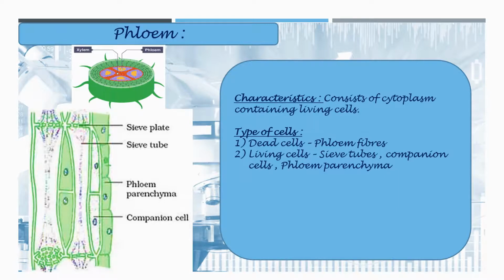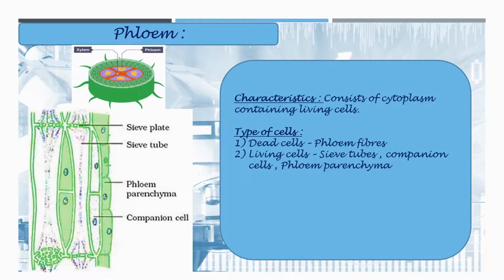Then about companion cells. These are the specialized parenchymatous cells that are closely associated with sieve tube elements, due to which they are called the companion cells. Then about the phloem parenchyma. Phloem parenchyma is composed of living parenchymatous cells, and these are elongated cells that have tapering ends and are cylindrical.